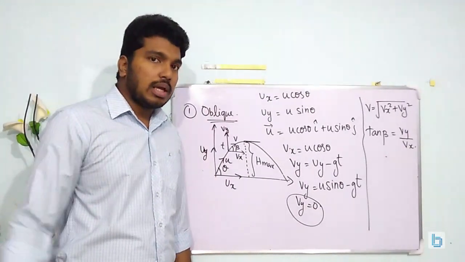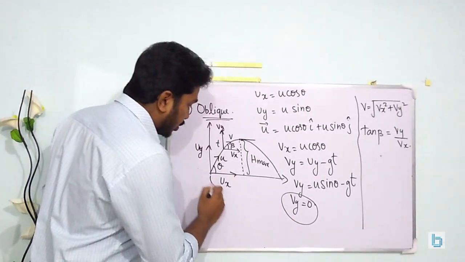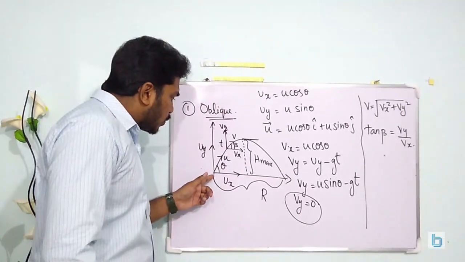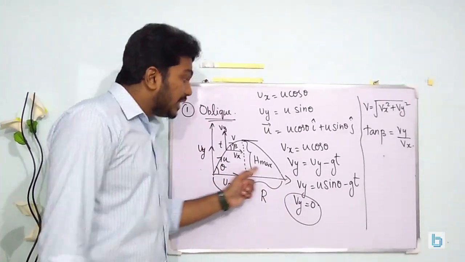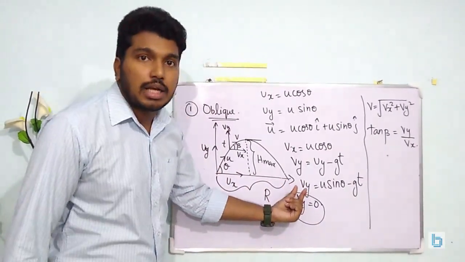Clear? Okay, now let's move on to something else, which is known as the range. Range is the maximum horizontal distance between the point of projection and the point where it hits the ground.